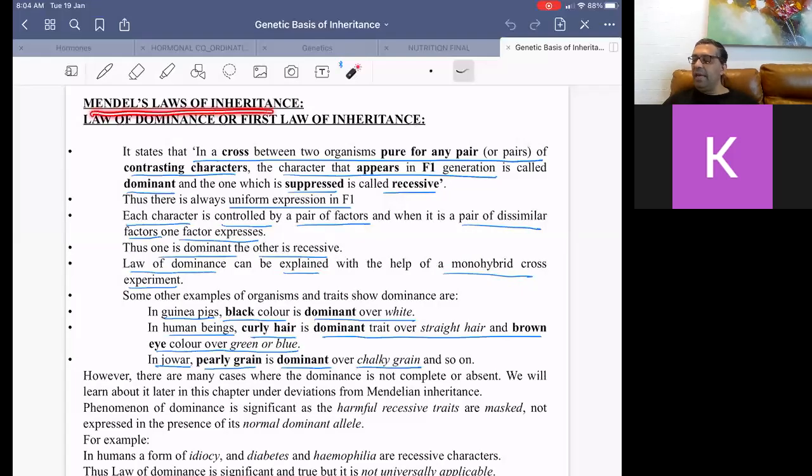Mendel's laws of inheritance. The first law of inheritance was called the law of dominance.